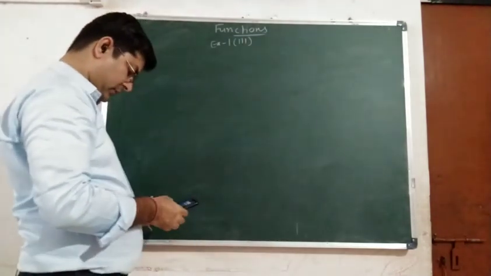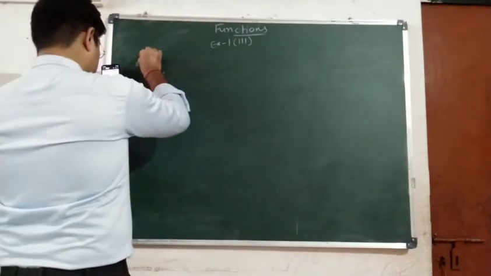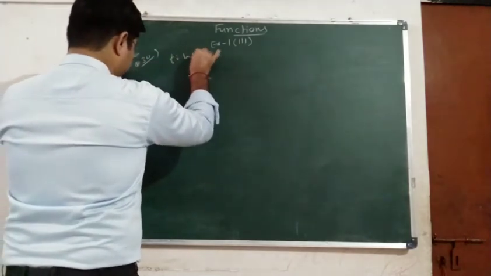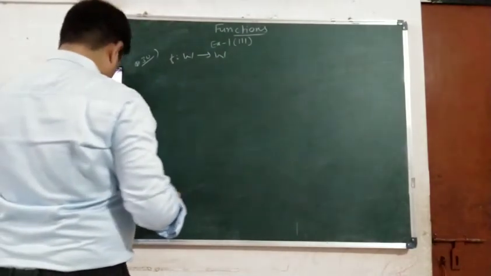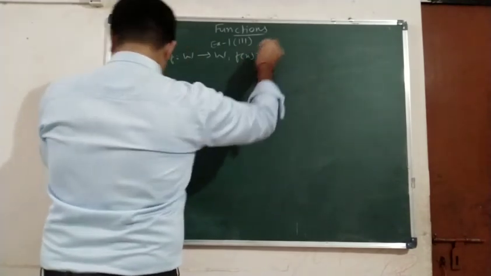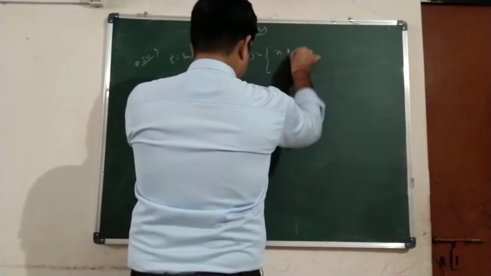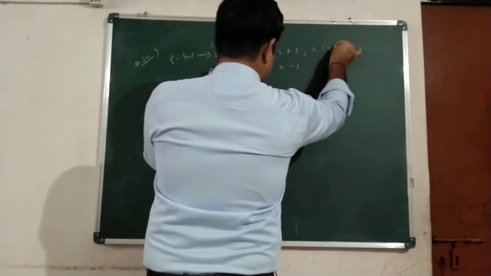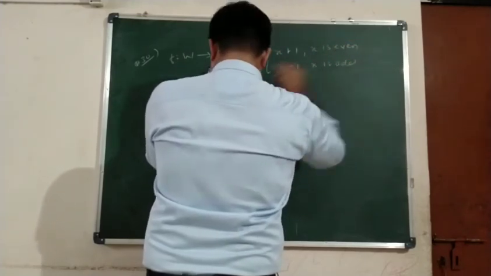Okay, now question number 30. Function f from whole number to whole number given by the formula f of x is equal to x plus 1 if x is even and x minus 1 if x is odd.